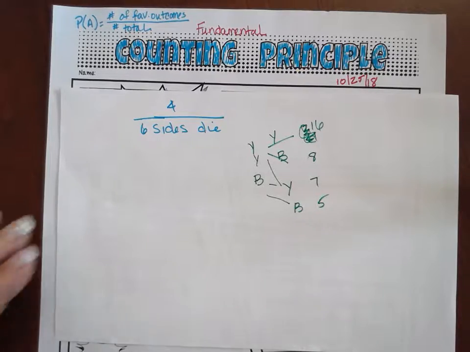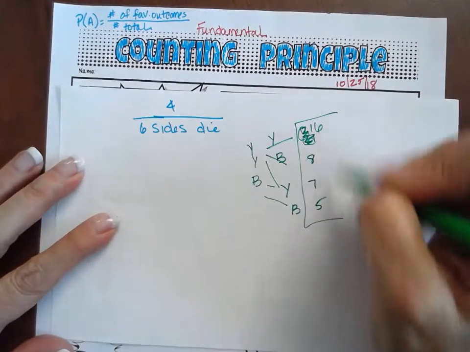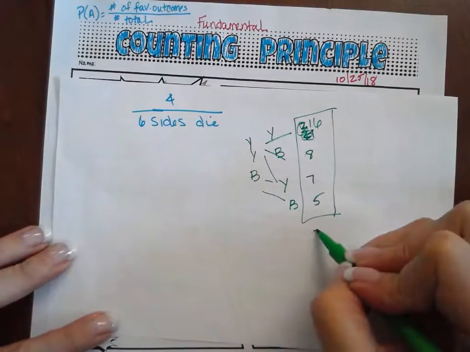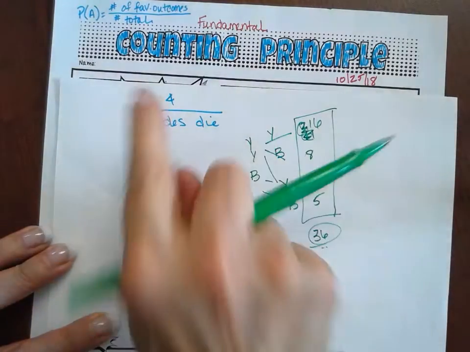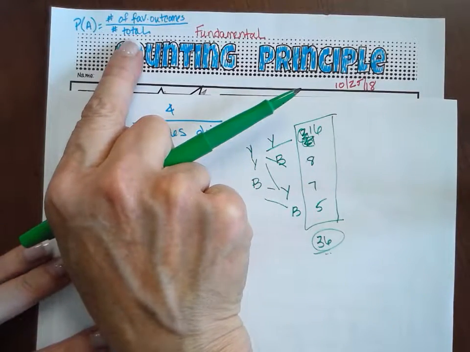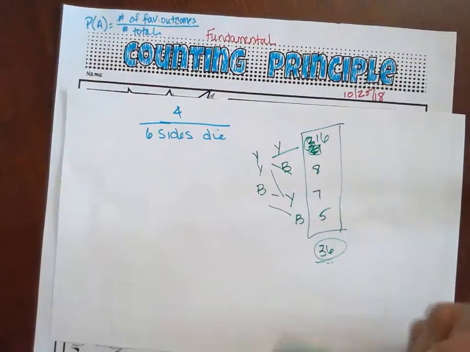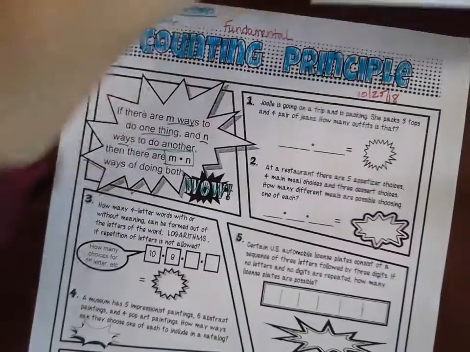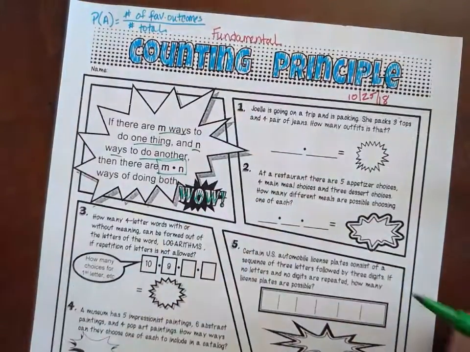When you make your tree diagram, what should this last column add up to? 36. That's going to give you your number of total outcomes. The tree diagram is very helpful to see all the different combinations that you can get. But if you don't need all the different combinations, then you can use the counting principle.